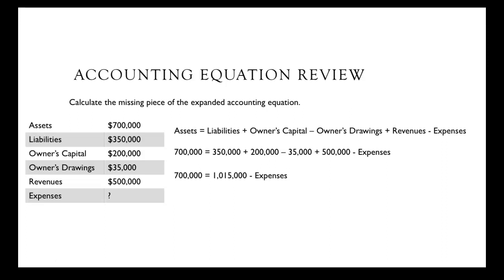So now we're in a similar spot as to where we were when we were working on the basic accounting equation example. So we need to subtract $1,015,000 from both sides, and we see that our expenses are $315,000.